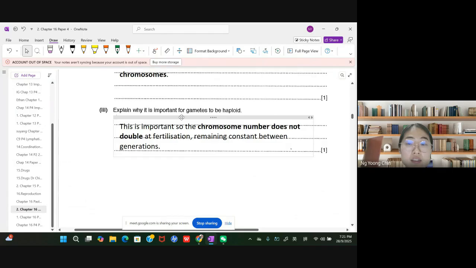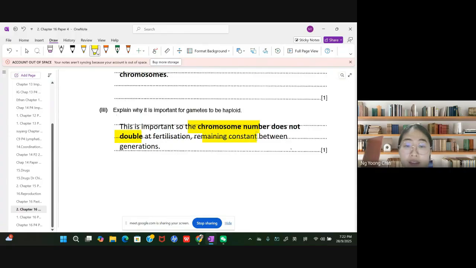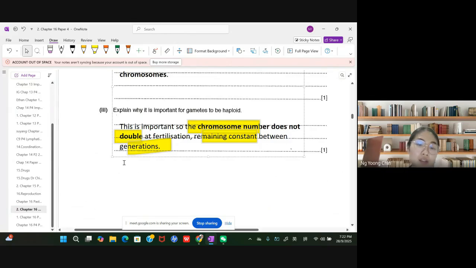See again, they'll always repeat the same questions. What is very important about gametes being haploid? It is because the chromosome number does not double at fertilization. So they just remain constant between the generations. So that's why it's important.